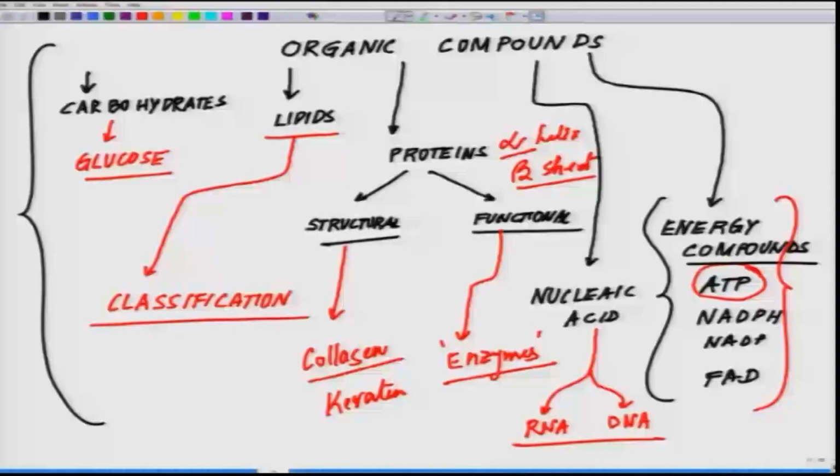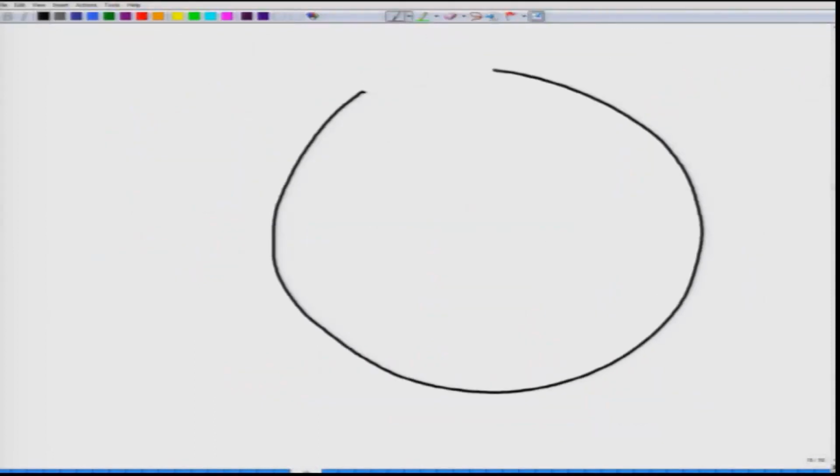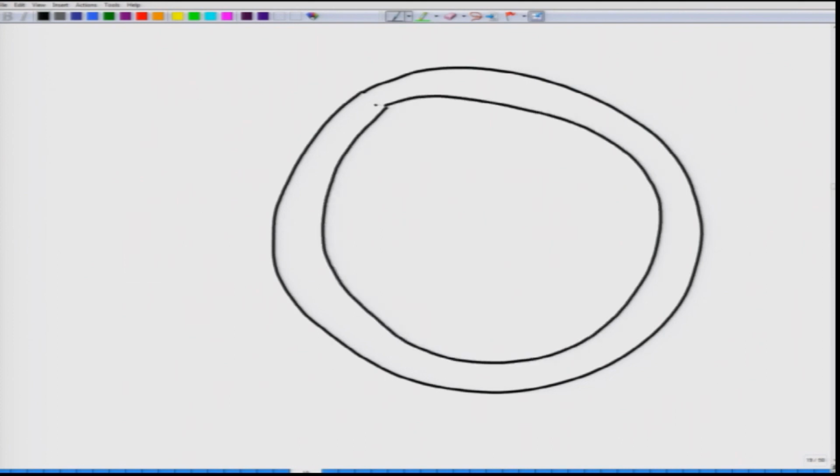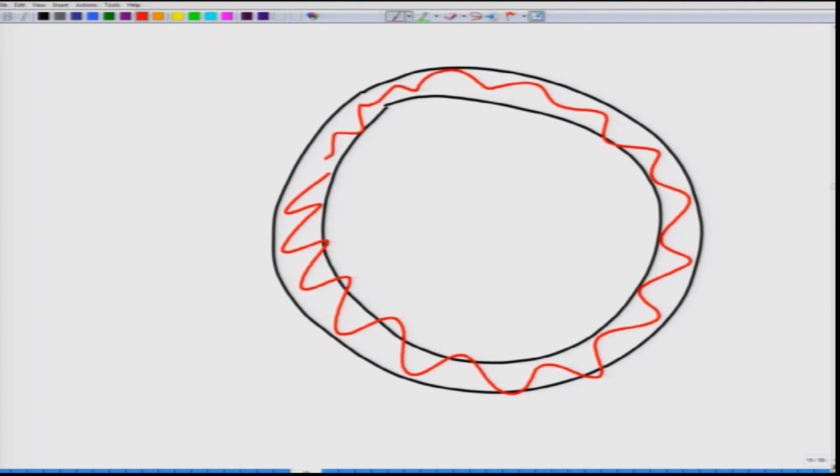Because if you look at the cell, let me draw a classic cell. When you talk about a classic cell, if it is mammalian, it's mostly a spherical shape. So this is the membrane, which is a bilipid layer, and you have a nucleus inside.